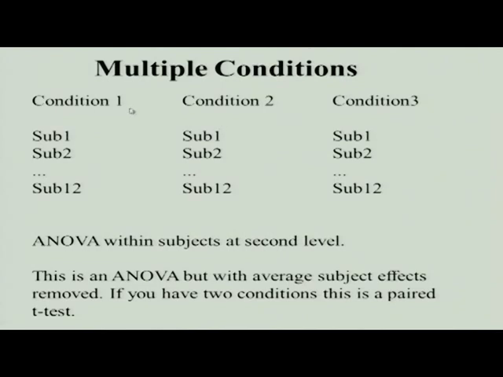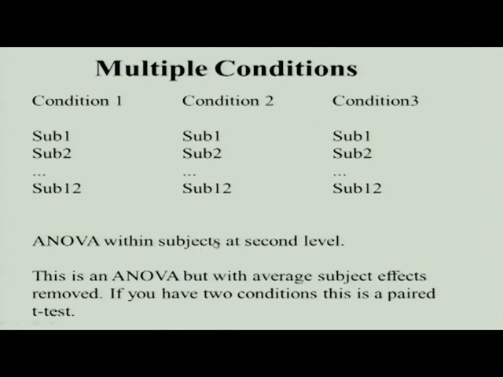So you might want to look at an effect of memory load, and you would measure each level of load. You'd measure 3 levels of load, say in subject 1 and in subject 2 and in subject 12. And to analyse this data, you'd use an ANOVA within the subjects.